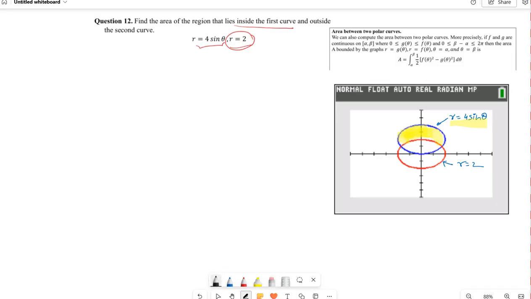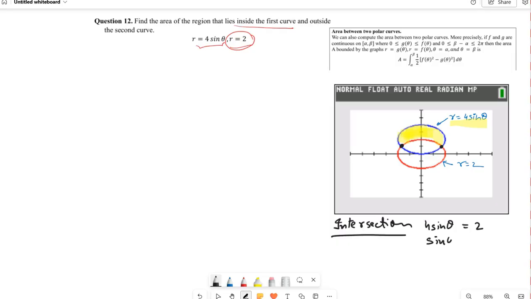Now, the first order of business is I do not know from where to where the area has to be found. So I would need to find the intersection points. Intersection points are easy to find if you equate the equations. So basically the first equation, 4 sine theta, equals 2.